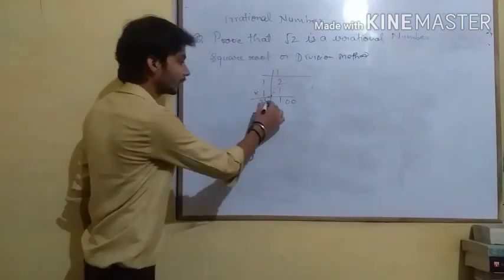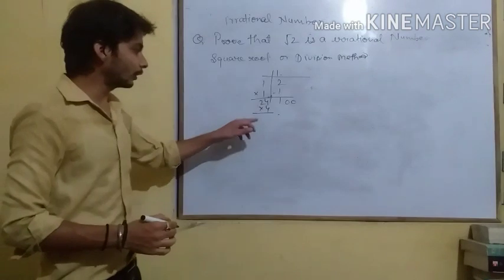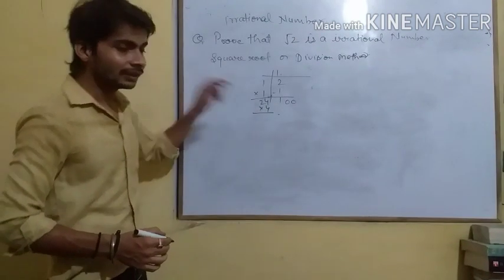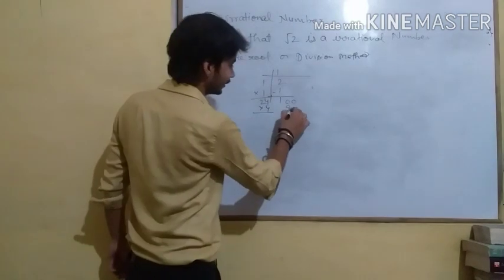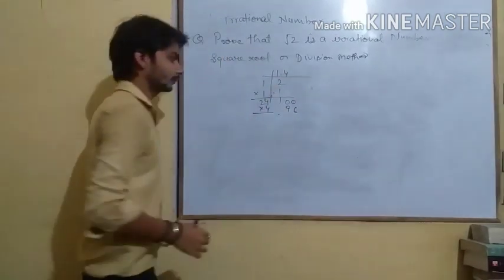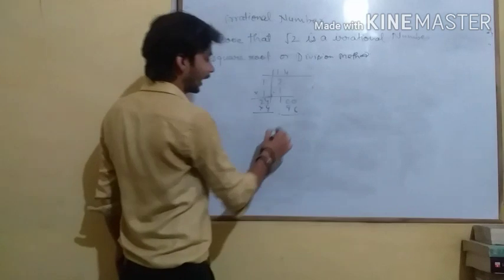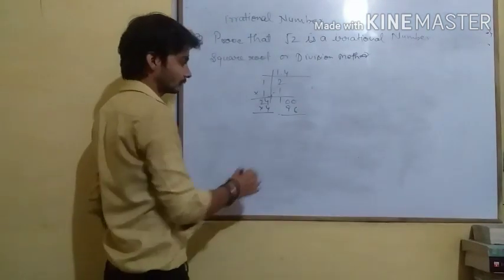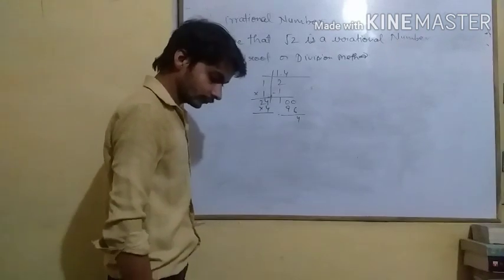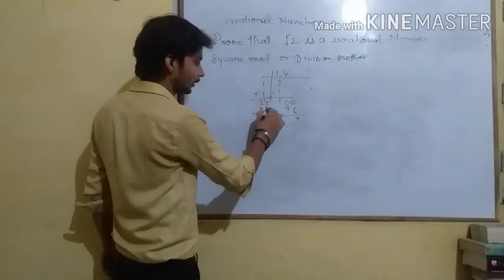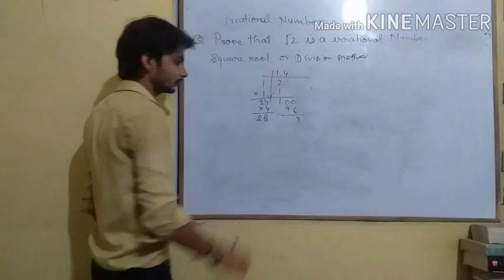The value we put here is the same as the value multiplied in the next step. The 24 fours are 96, and we will write here 4. It means again we get 4. And we have here 24 plus 4 is equal to 28.